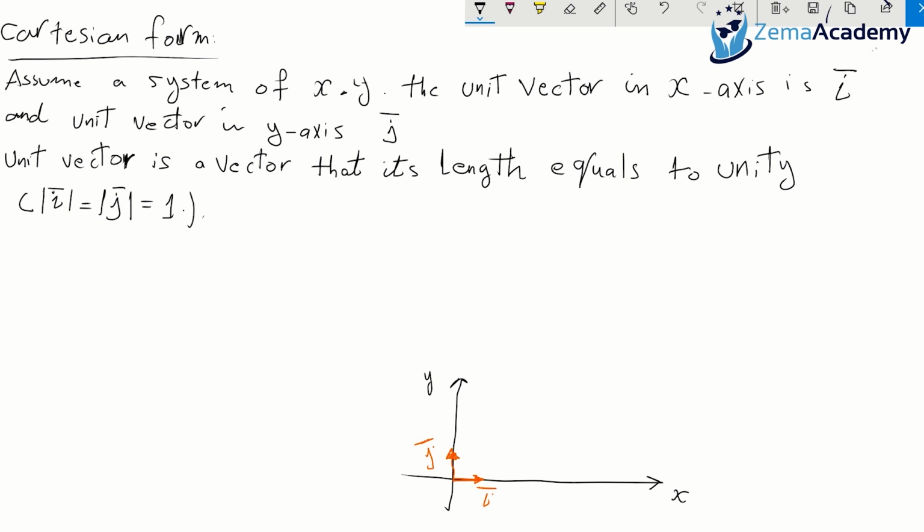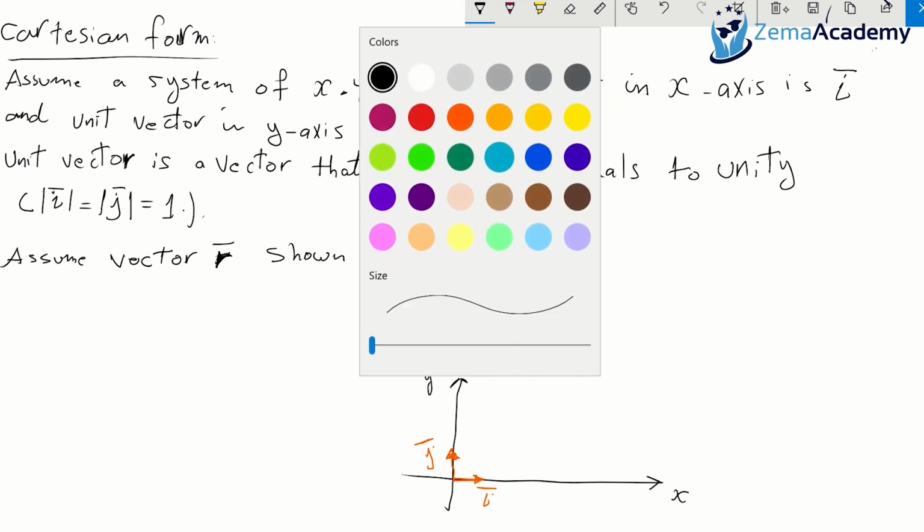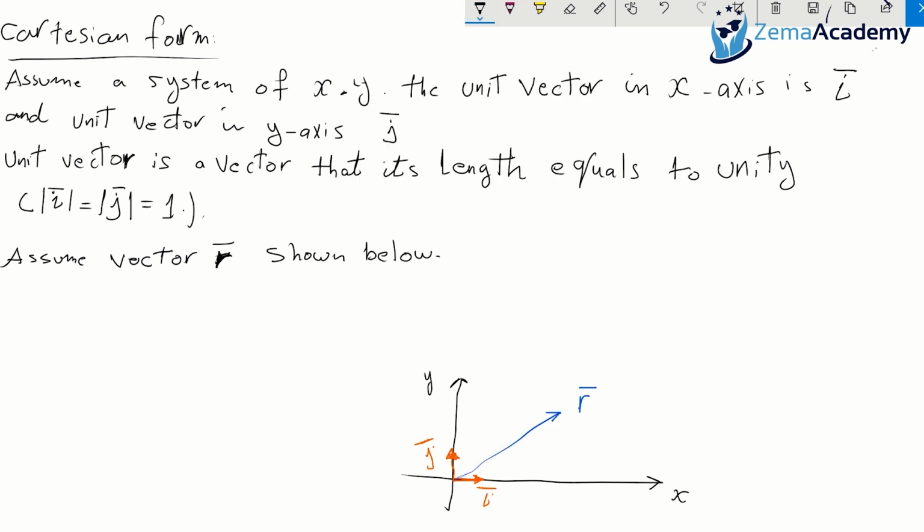Now assume a vector R, shown here. The Cartesian form of the vector R is, now, if you take the projection of R over the x-axis, you know what the projection is?